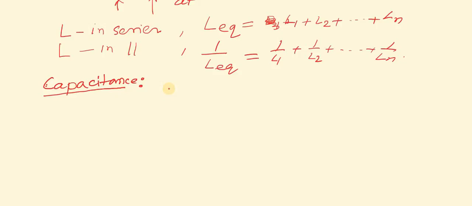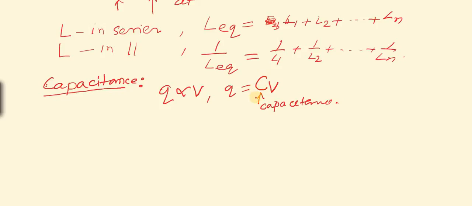If V voltage is applied between the two plates of a parallel plate capacitor and the charge is Q, then Q is proportional to the voltage applied across the plates, and Q is equal to C into V, where C, the constant of proportionality, is called the capacitance.